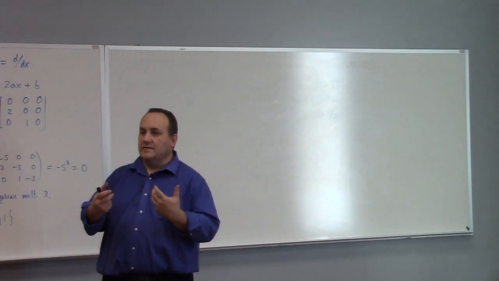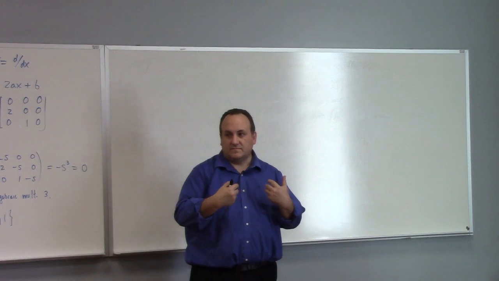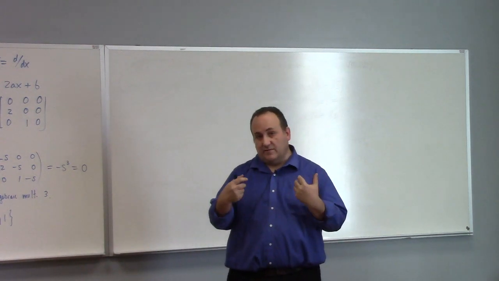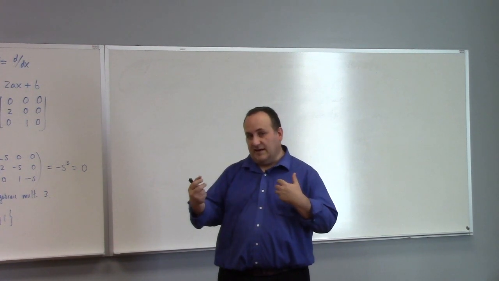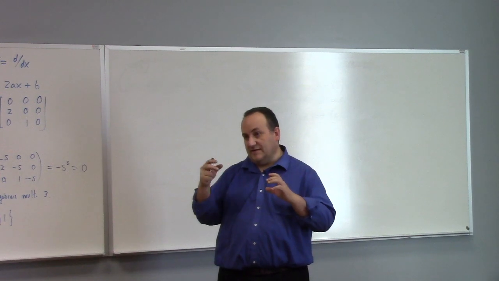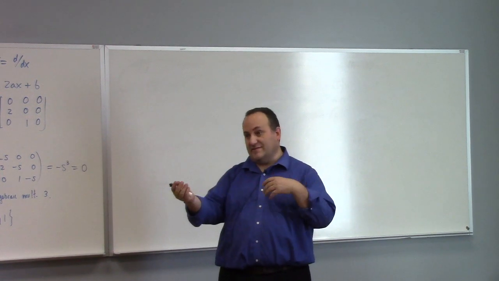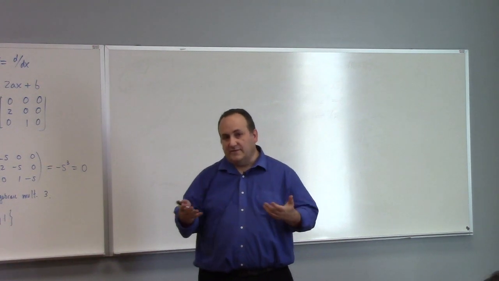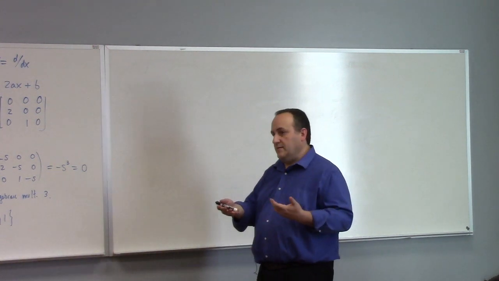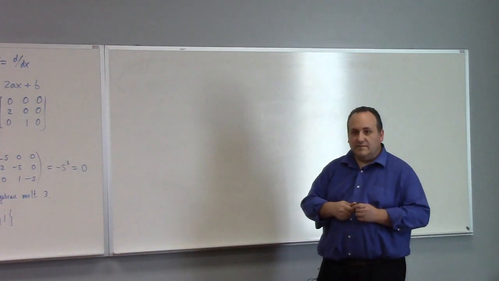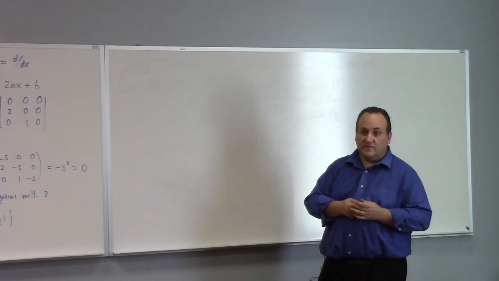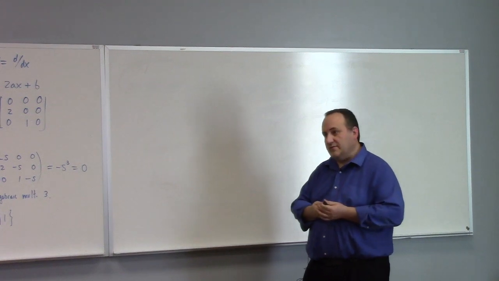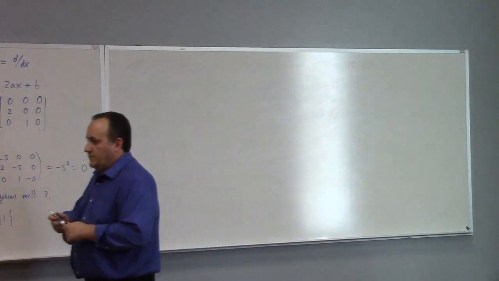But the kernel is the set of eigenvectors with eigenvalue 0, right? Because to say an eigenvector has eigenvalue 0 is to say that T of x is 0 times x, which means that x is in the kernel. So if it's invertible, it can't have an eigenvector with eigenvalue 0. So that gives us a theorem that if a matrix or a transformation is invertible, 0 can't be an eigenvalue of it.